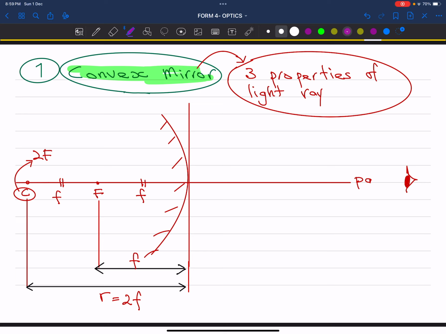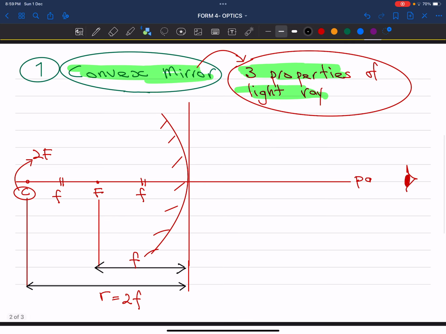Today's lesson is we are going to look at the 3 properties of light ray for the convex mirror. The first property is, if I take a light ray that is parallel to the principal axis, and keep in mind, I draw the light ray only until the vertical line.